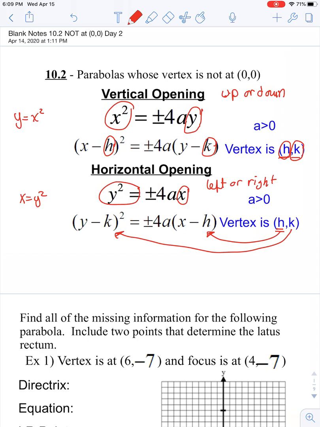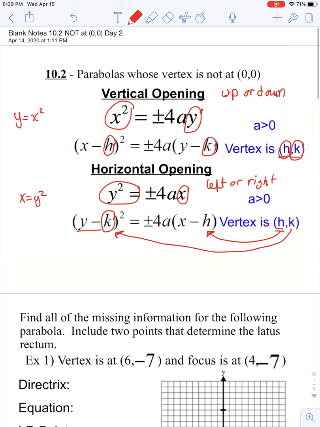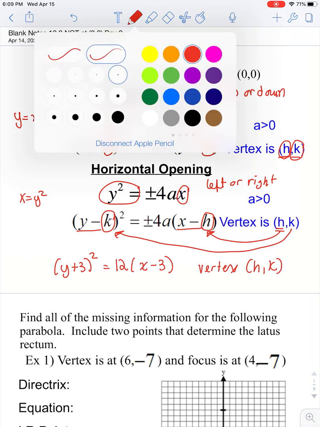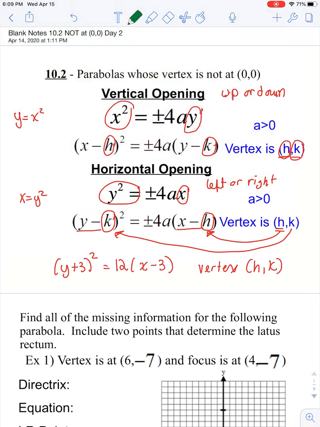Okay, before we get into some examples, I do want you to remember the equation says the k value is whatever is subtracted from y. The h value is whatever is subtracted from x. So let's say, for example, I gave you this equation, and I said that we needed to identify the vertex, which is the point h, k. We need to start with asking ourselves, what value is subtracted from x?